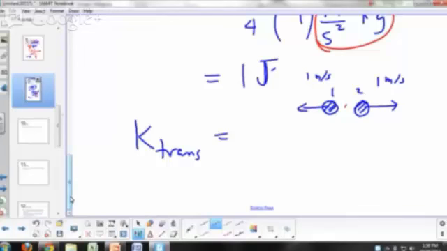Right in the middle, right? Did the center of mass move? In this particular case, I may try to make this as simple as possible. The center of mass has not moved because they both moved an equal distance from the center, right? So what's our translational kinetic energy? The movement of the two particles as a whole, as tracked through their center of mass, is 0. So translational kinetic energy is 0.